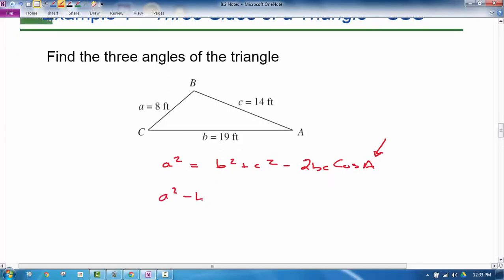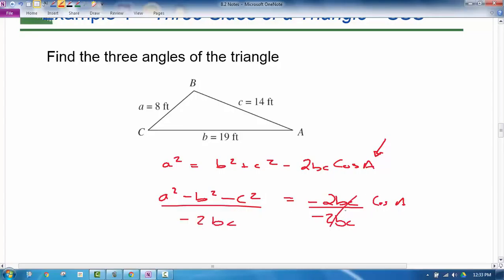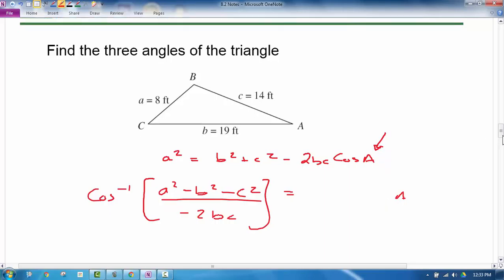I'll subtract b squared, and I'll subtract c squared, and I'm left with this. Then I'll divide by negative 2 times b times c on both sides, and you get cosine of A. Then you can take the inverse cosine of both sides, and you get A. So this is the formula that they told us to use there.